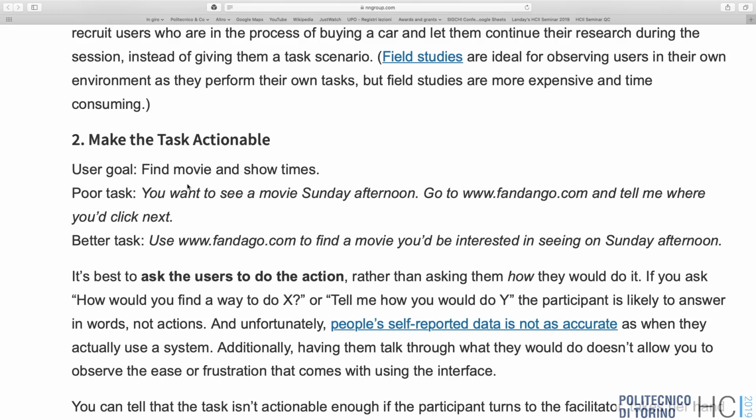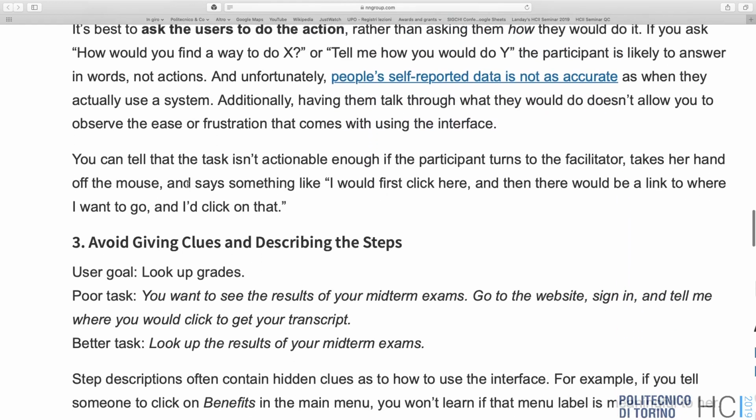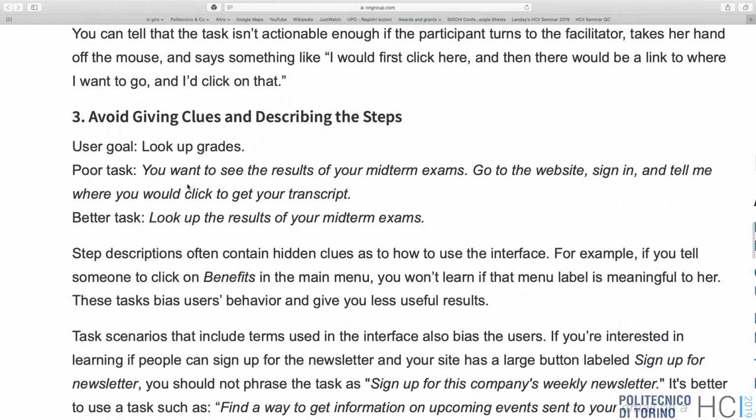So actionable, something that can be done to do the action, and avoid giving a clue or describing how to reach the result. So if the goal is look up grades, you should not say, we want to see the result of your exam. Go to the website, sign in, and tell me where you would click to get your transcript. You are suggesting how to proceed.